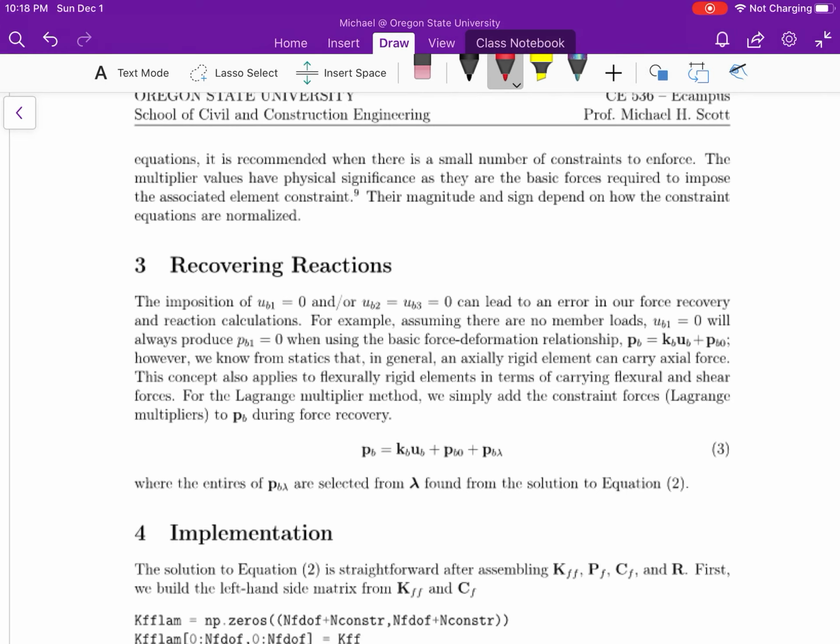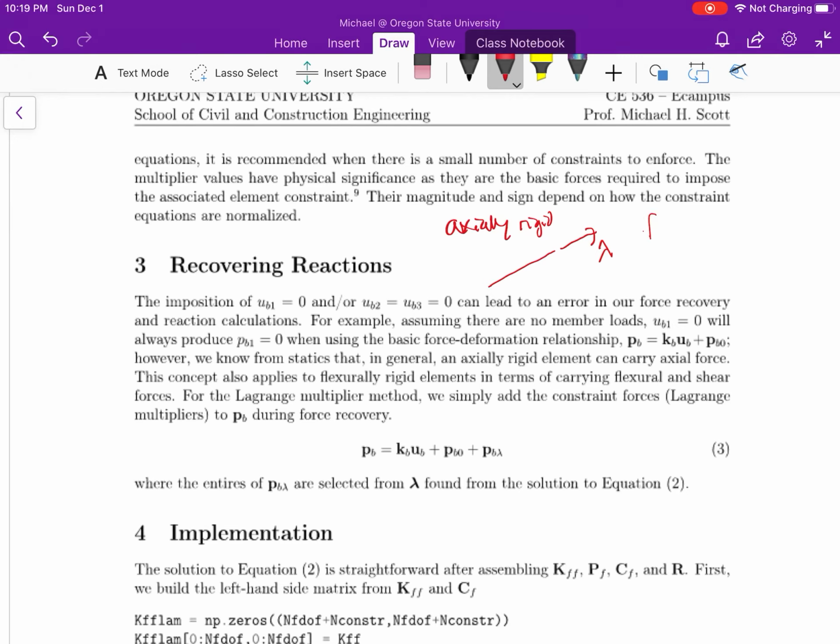So if we had an axially rigid element, then the associated Lagrange multiplier is a force that's applied to the element in order to maintain axial rigidity.